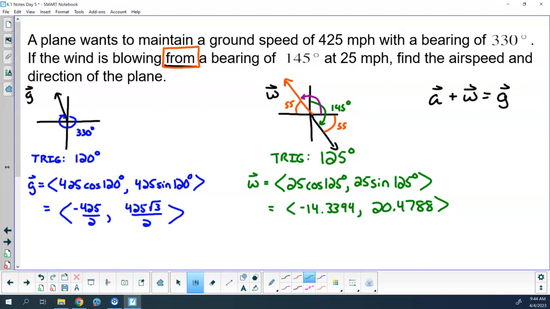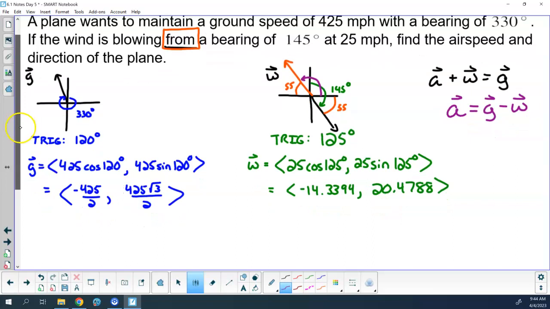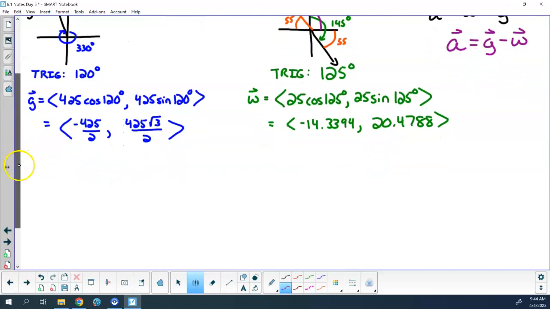We have G, we have W, we obviously need to find A. So A is going to be G minus W. So blue minus green.